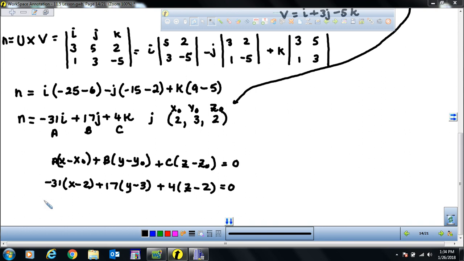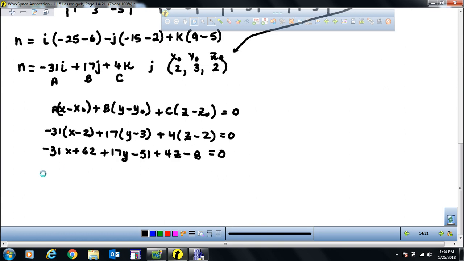Let's go ahead and finish it. Negative 31X plus 62 plus 17Y minus 51 plus 4Z minus 8 equals 0. Then let's combine the values.